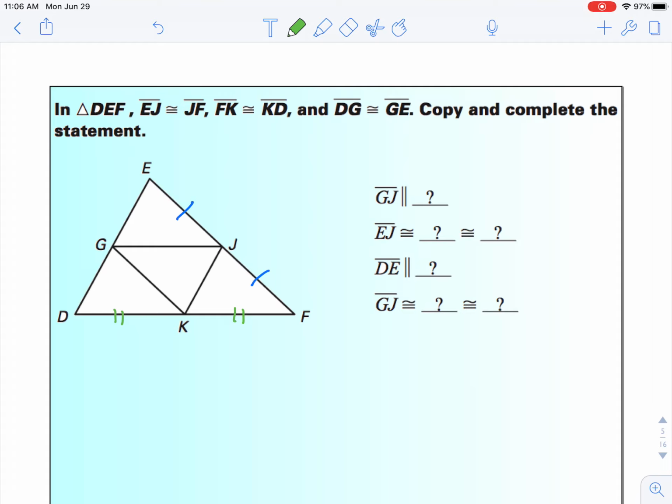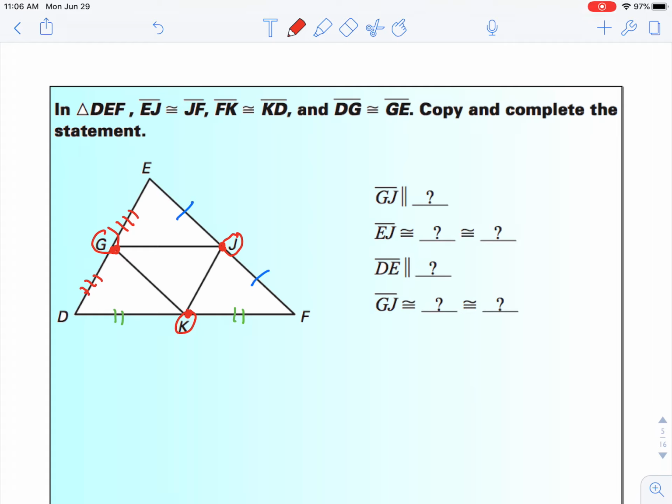And DG is congruent to GE. So let's mark that. So now what we know is that all three of these points, G and J and K, are all midpoints by definition from what they told us. So we have 3 midsegments in there.